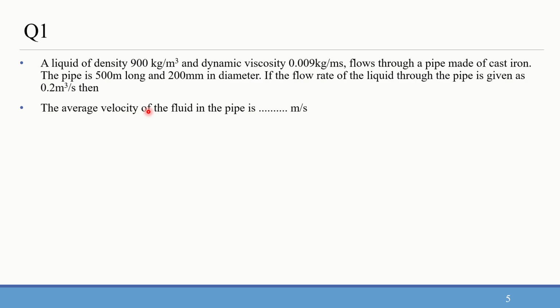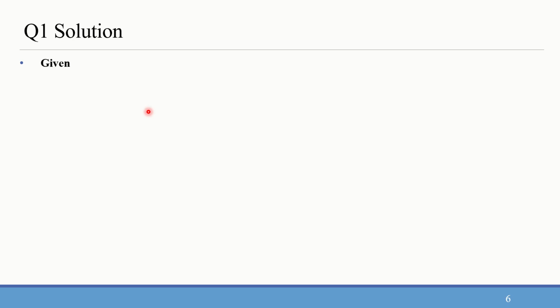So yeah, we'll now see how to solve the problem. Actually, we have to first calculate the cross-sectional area. We'll go step by step. Liquid density is given as 900 kg per meter cube.